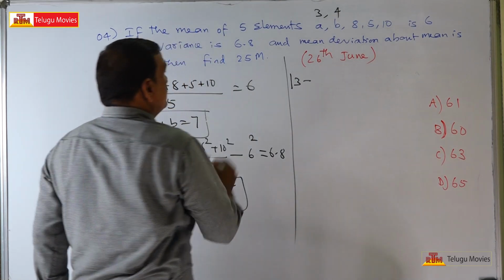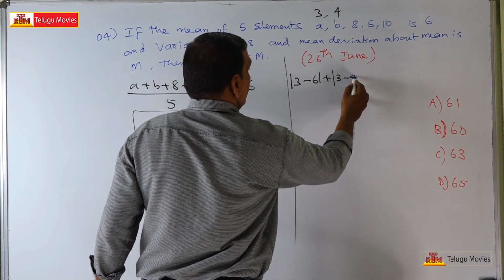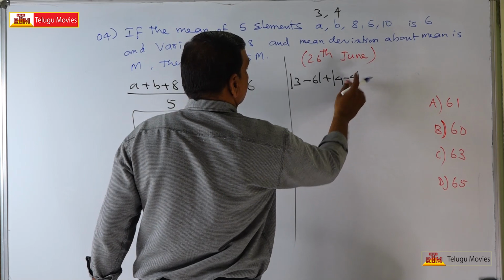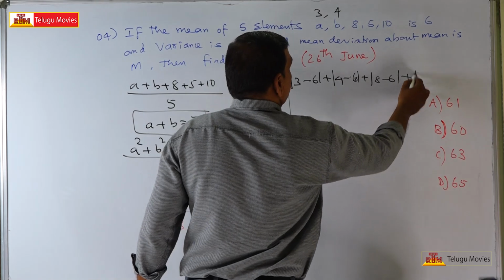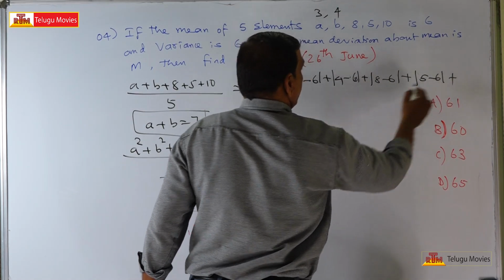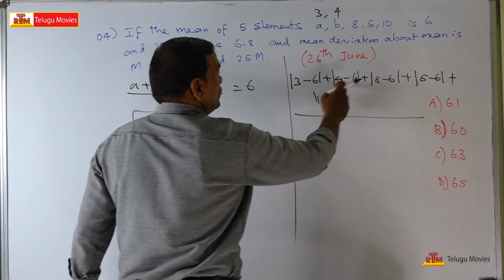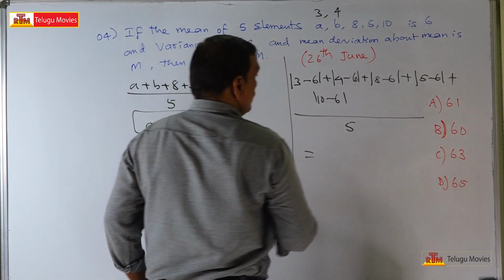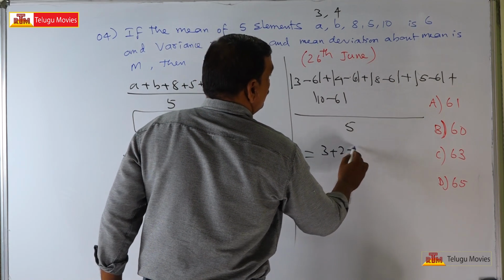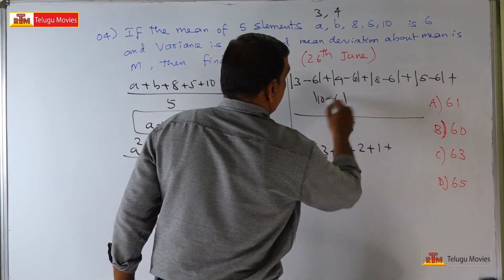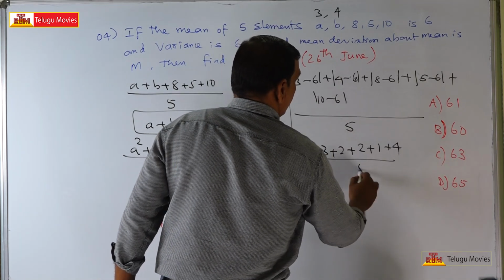So modulus of 3 minus 6, plus modulus of 4 minus 6, plus element minus mean, plus element minus mean, plus element minus mean, whole divided by 5. Calculating: 3 plus 2 plus 2 plus 1 plus 4, upon 5.